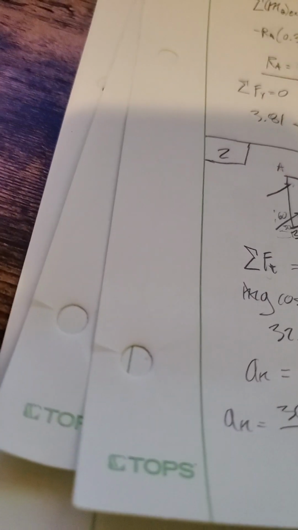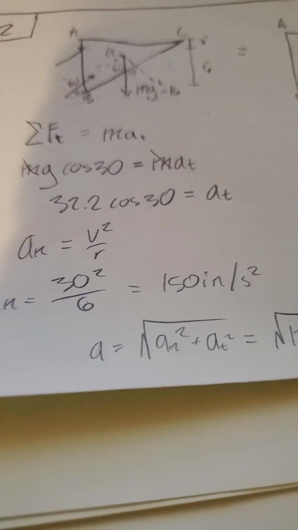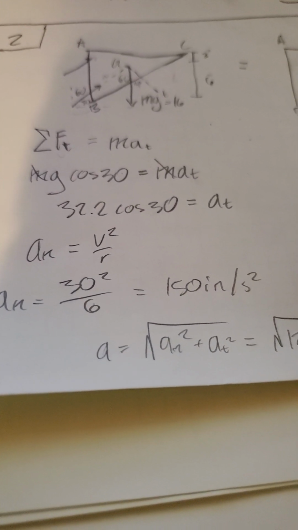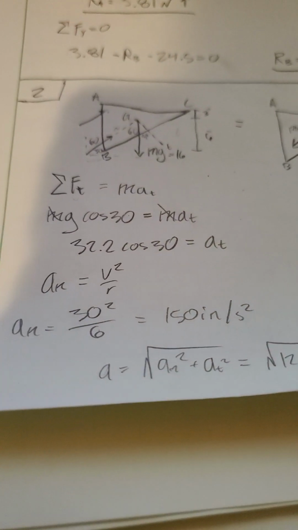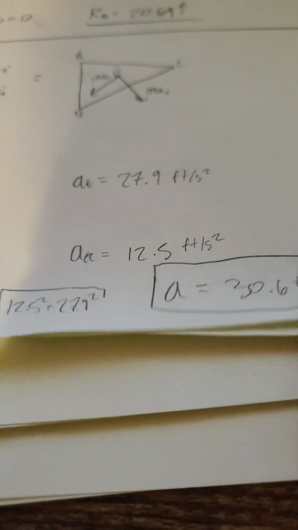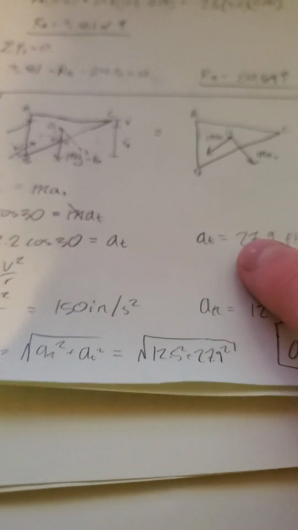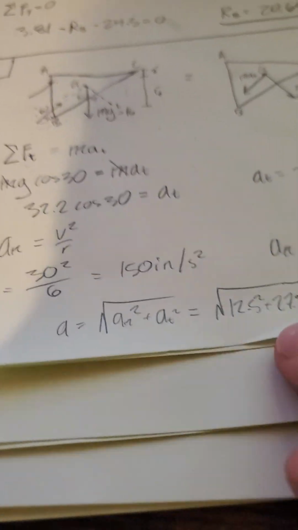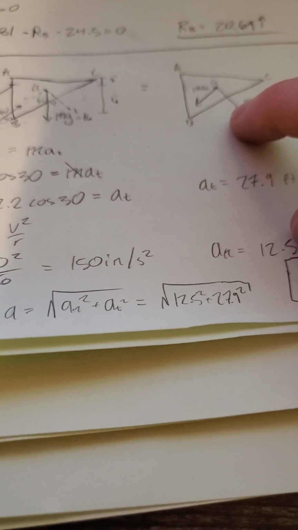I believe that was given to us. So the 30 is the velocity. So ultimately we know the normal component and we have the tangential component, so we can calculate the overall acceleration, which, like I said, is going to be in between these two vectors.